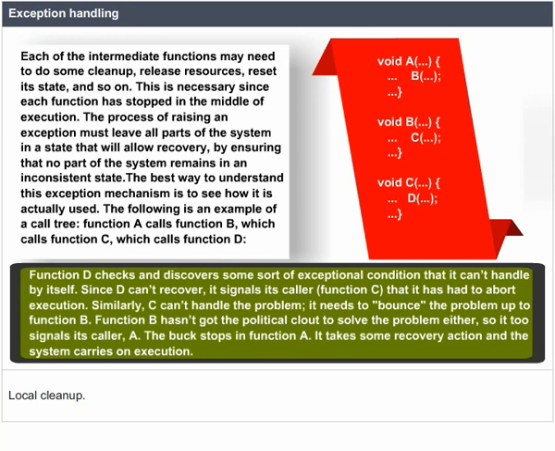Since function D can't recover, it signals its caller, function C, that it has had to abort execution. Similarly, C can't handle the problem. It needs to bounce the problem up to function B. Function B hasn't got the political clout to solve the problem either. So it too signals its caller A. The buck stops in function A. It takes some recovery action and the system carries on execution.